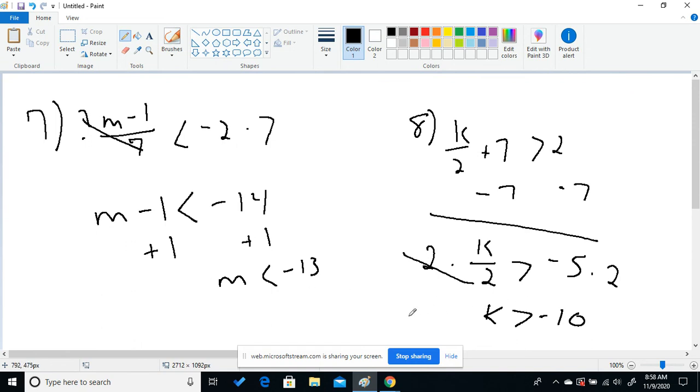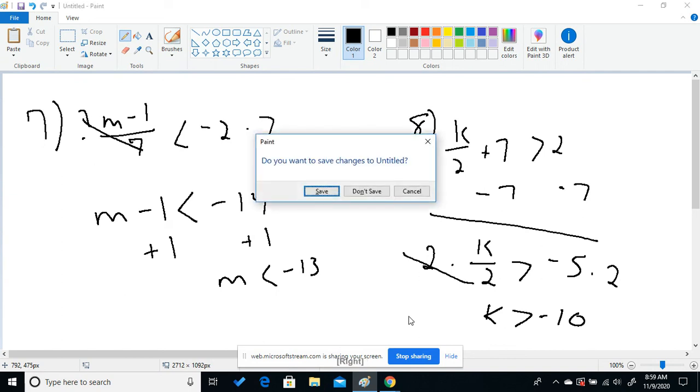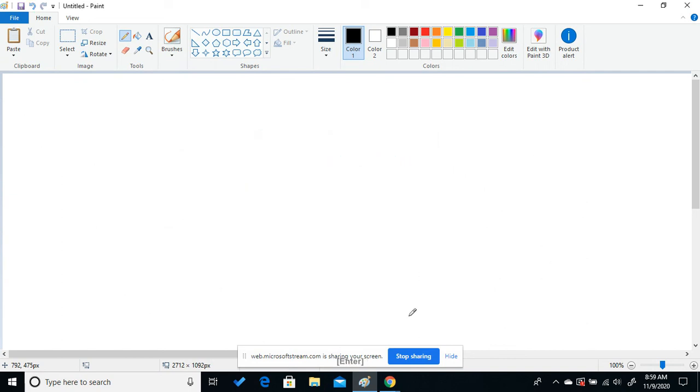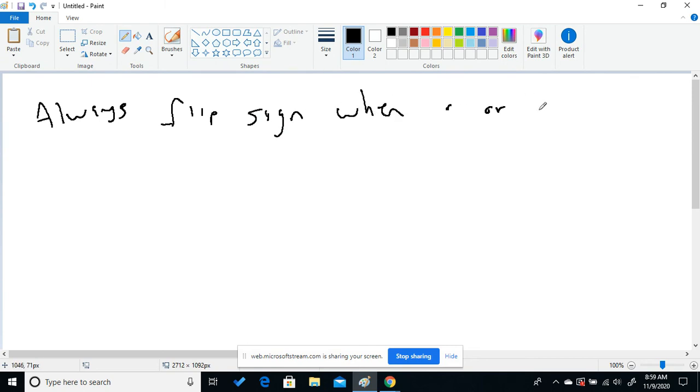So we've done examples of pretty much all the most difficult ones on that assignment. What you need to remember is always flip your sign when multiplying or dividing by a negative number.